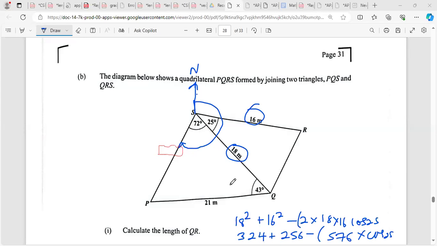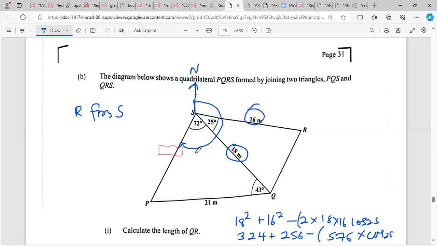Alright guys, so they ask us for the bearing of R from S. So we just make a note of that. From here to here is 25, and we have 72.